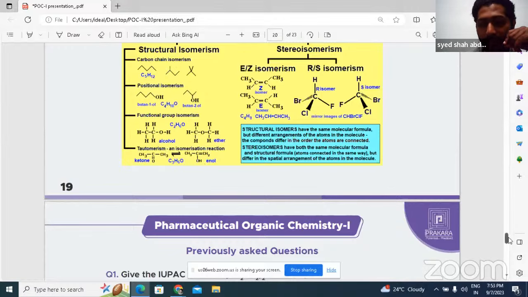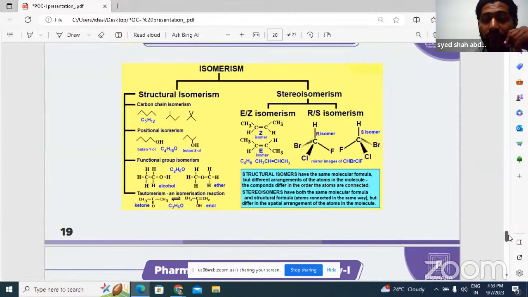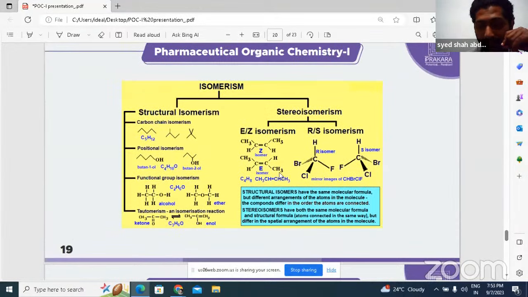And here it has given E/Z isomerism, where we give the priorities.